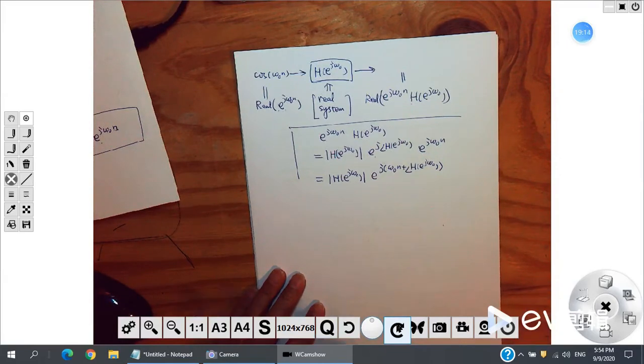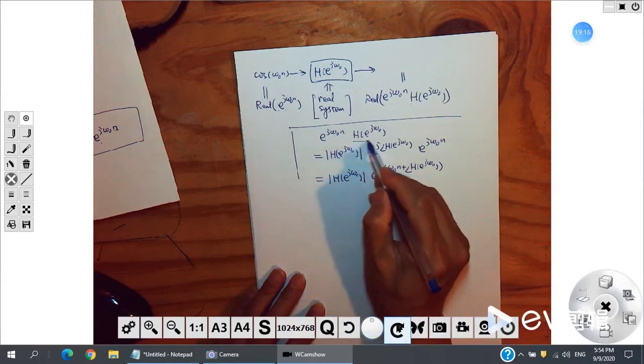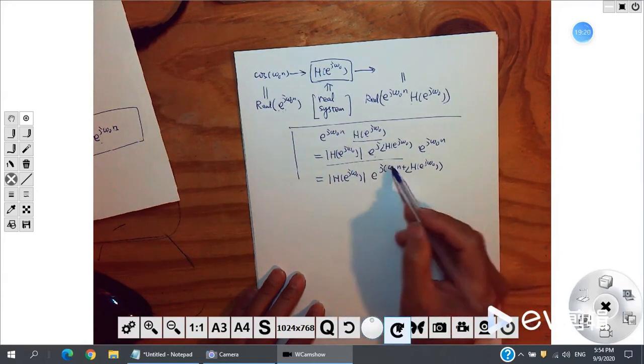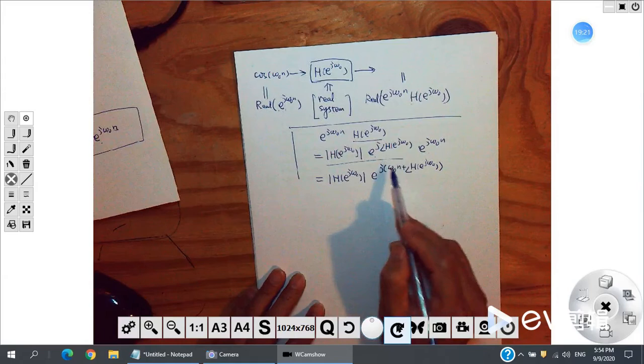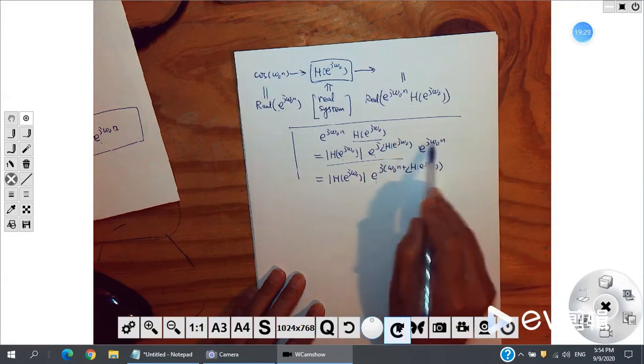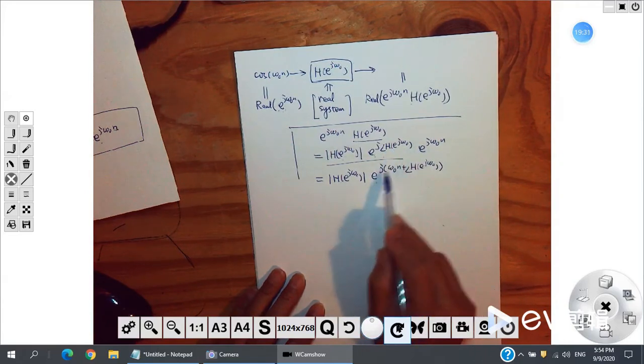Okay, now you just remember, you can write H in terms like this. Then from here to here, you multiply together, then you add the powers together. So you add these two together, you get this.